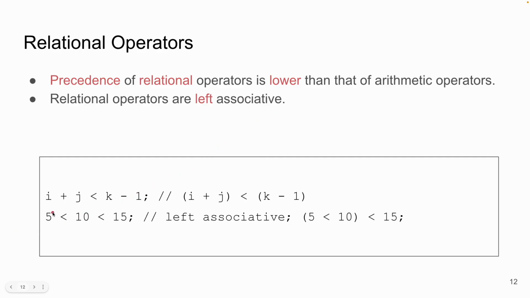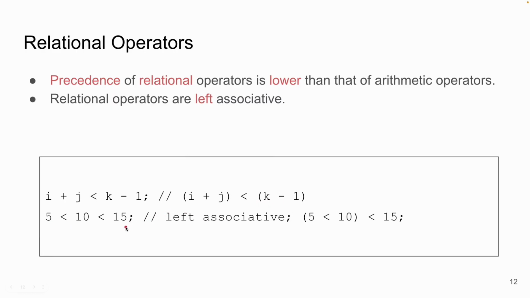So if we have an expression like the first line here, it will calculate the arithmetic operators first, and then compare the results of these two sub-expressions, because the relational operators have lower precedence than arithmetic operators.